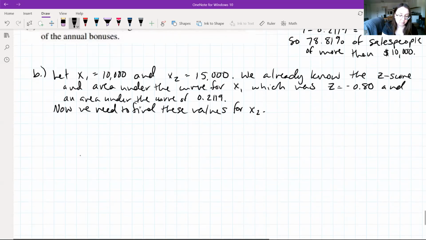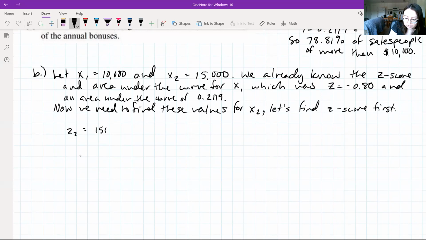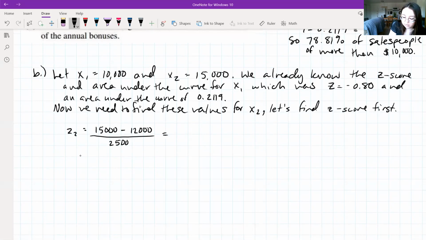So remember, we want to find our z-score first. Let's find the z-score first. And then we say that z2 is equal to our x value, which was 15,000, minus the mean, which was 12,000, divided by the standard deviation, which was 2,500.